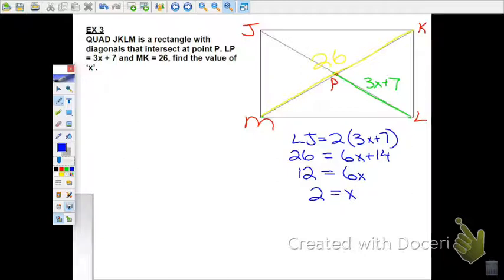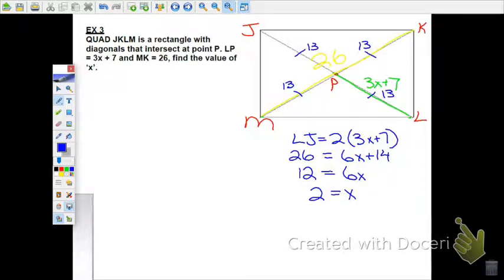Another way that we could have approached this one, since we know that those diagonals are bisecting each other, we know that all 4 of the pieces are equal. If the entire diagonal MK is 26, that means each piece is 13.